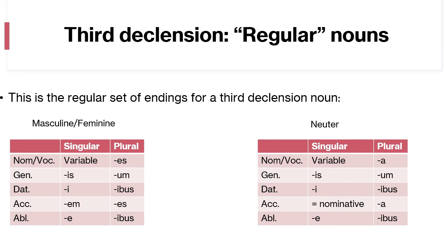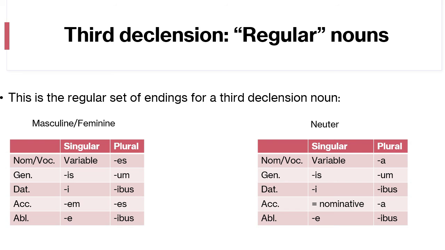For the neuter, what changes is that nominative, vocative, and accusative share the same forms, both in the singular and the plural. So the nominative is variable. Then we have -is and -i for genitive and dative.